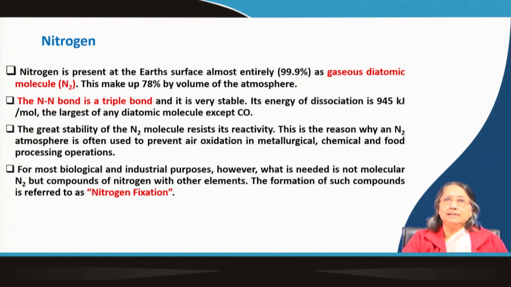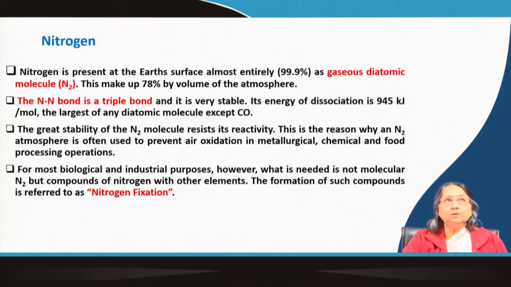We all know that it is a very stable molecule and the energy of dissociation is very high, 945 kilojoule per mole. It is the largest of any diatomic molecule except carbon monoxide. That means it is a very stable and inert molecule. Because of this inertness, it does not react very easily.